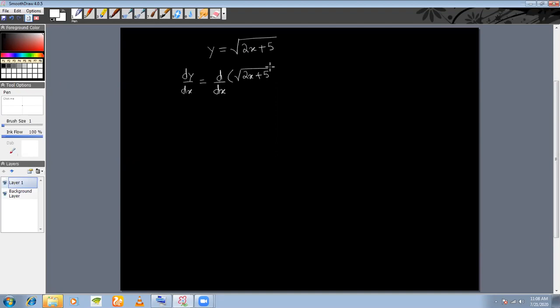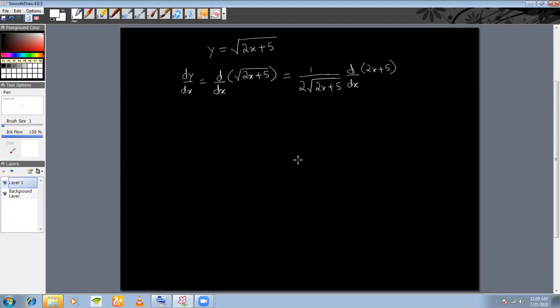So what you do is you take dy/dx is equal to d/dx of root over of 2x plus 5. Now what you do? You differentiate the radical here first, isn't it? So I have 1 by 2 root 2x plus 5. And then you multiply it by the differentiation of 2x plus 5, right?